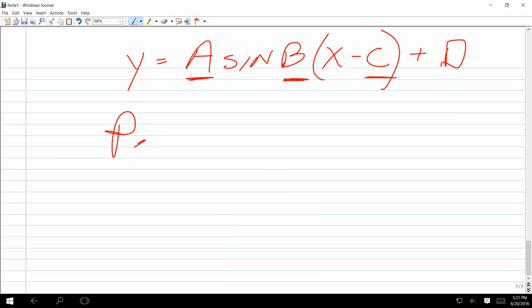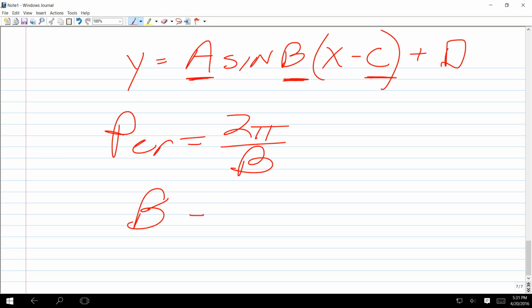The period is equal to 2 pi over b, which makes b equal to 2 pi over the period. And a lot of times they'll give you the period and you have to figure out b, or they'll give you b and you have to figure out the period. Right, exactly. Okay.